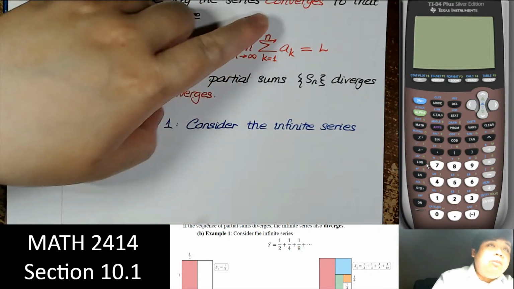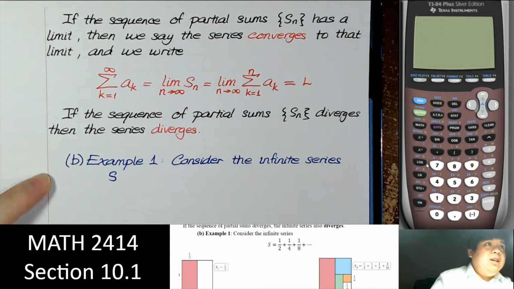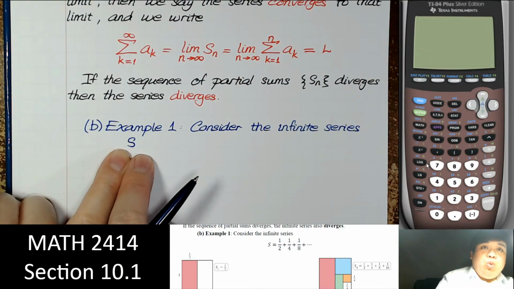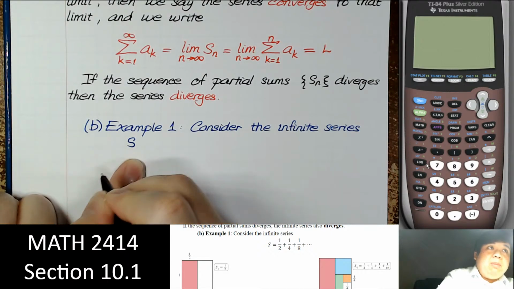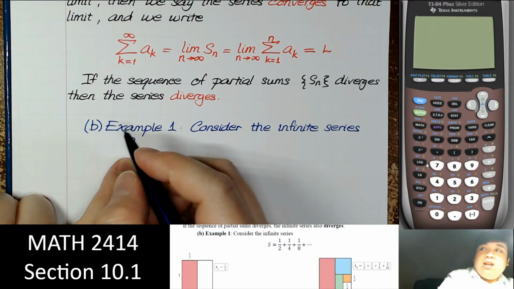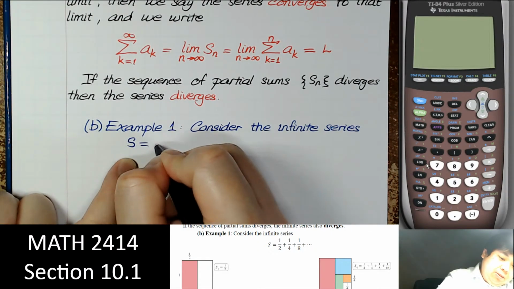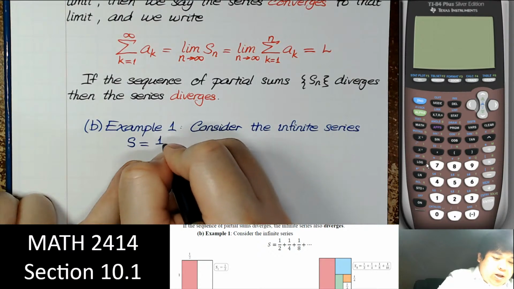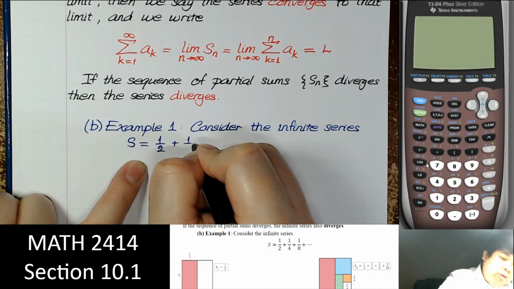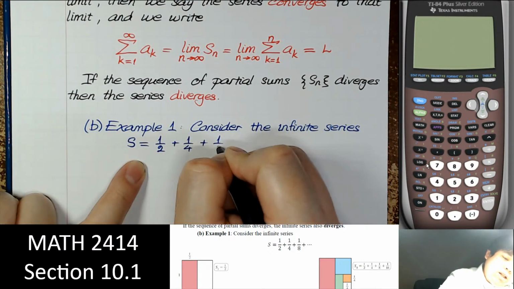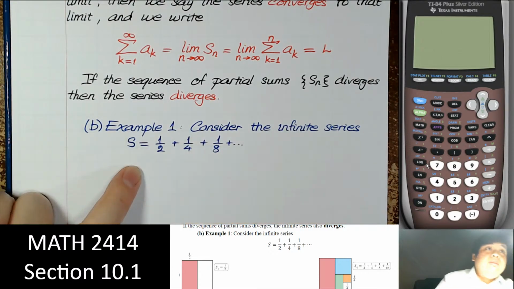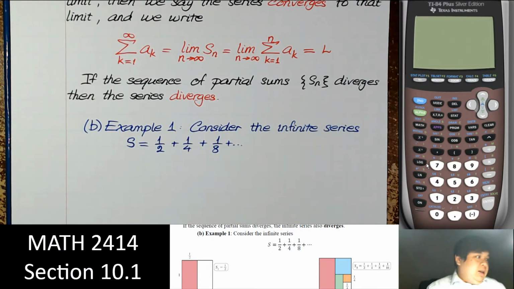For the partial sum, we have s sub n. For the infinite series, we just have s without the subscript. We don't write s sub infinity, we just write s. So what is 1/2 plus 1/4 plus 1/8 indefinitely? Right. So there are a lot of ways to visualize this.